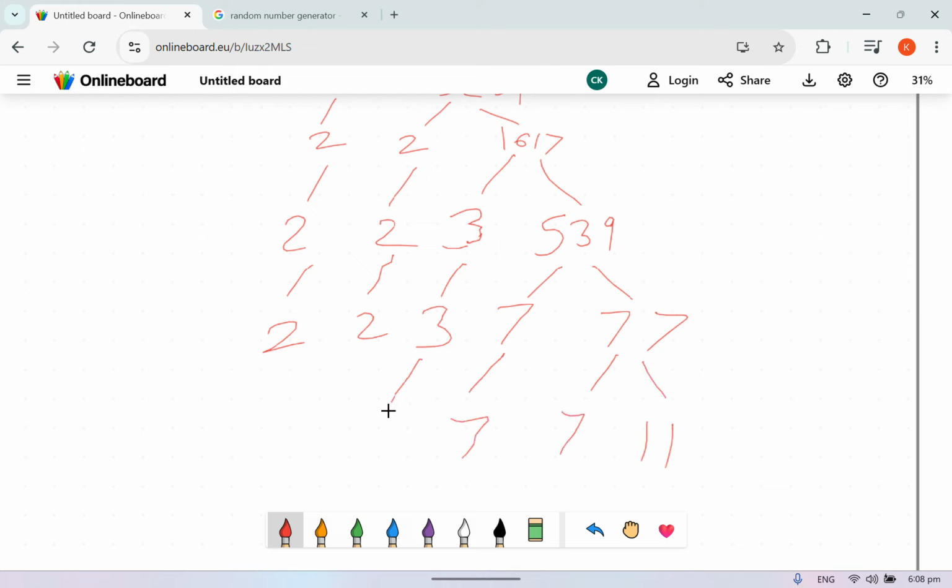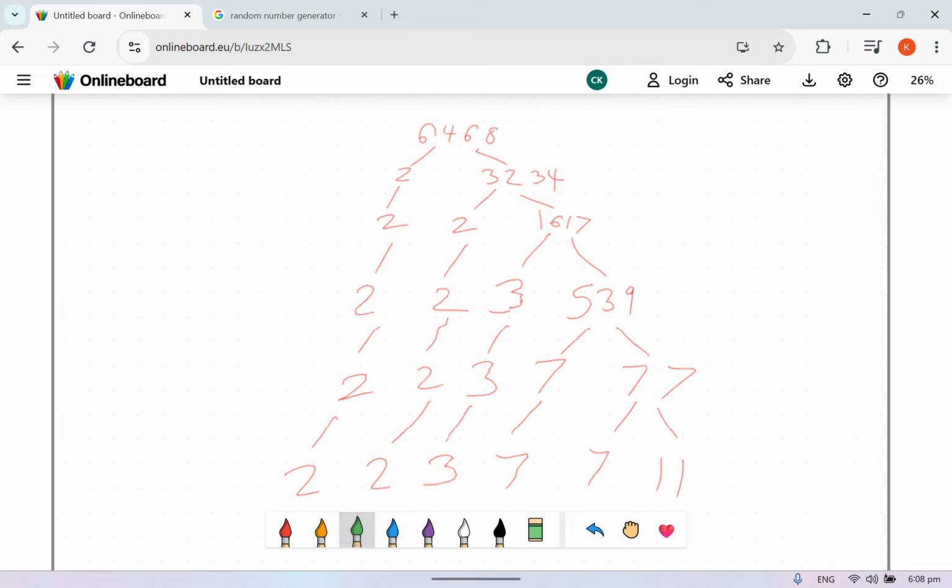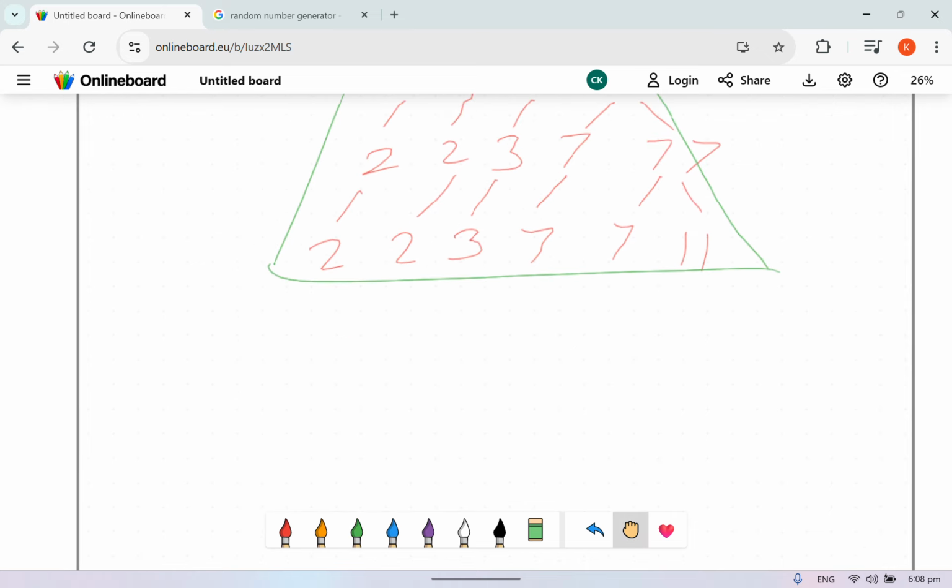And that's where it stops. So you can see what a factor tree is. And if you look at it, it actually really looks like a tree, right? If you visualize it properly, like you're some artistic guy, a tree.